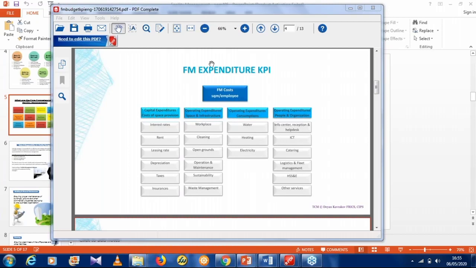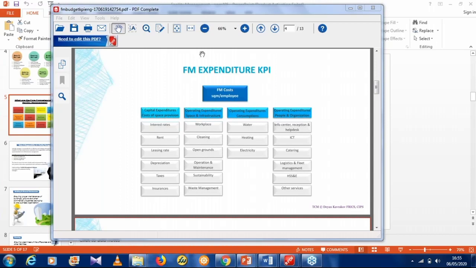Then we have the operating expenditure that's talking about space and infrastructure, all that has got to do with it. Then we also talk about the operating expenditure that's talking about consumption. That's the other operating expenditure. Then we have the one for people and organization.